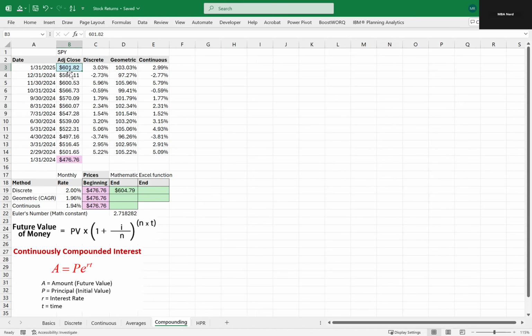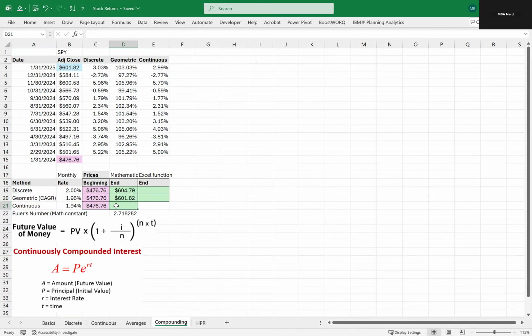That is not the same as the 601.82. So let's see if we can get it with this one. Equals beginning price times 1 plus this geometric average, to the power of 12. Okay, so this one does get us to the 601.82. That's good. I think that's something to note, right?